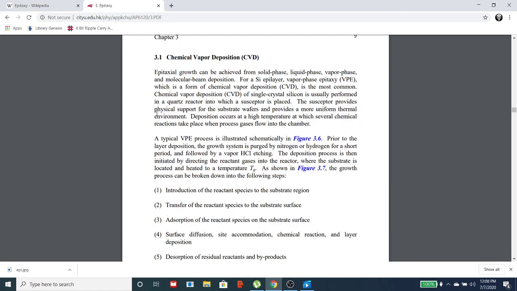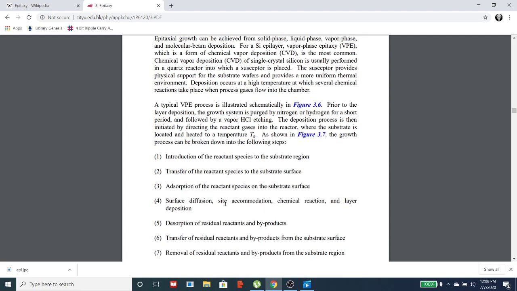So what is it all about? It is the introduction of the reactant species to the substrate. What are the reactants that are depositing on the substrate? Transfer of the reactant species to the substrate surface, absorption of the reactant species on the substrate surface.